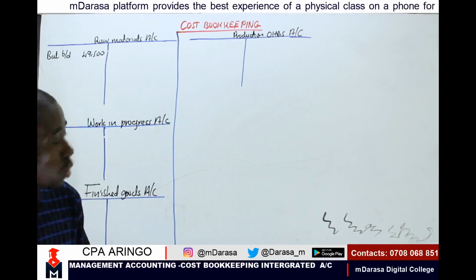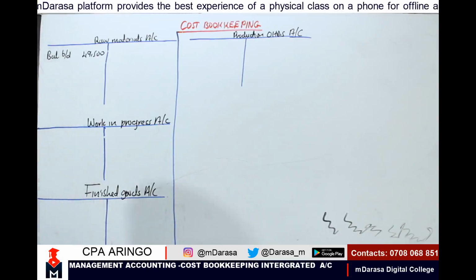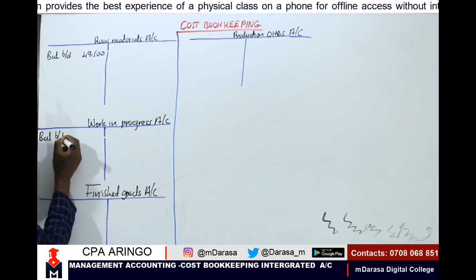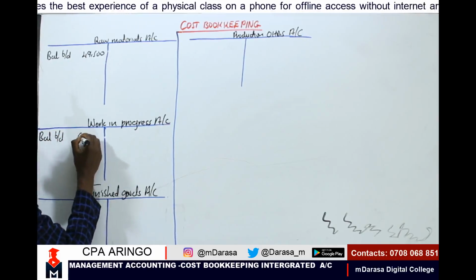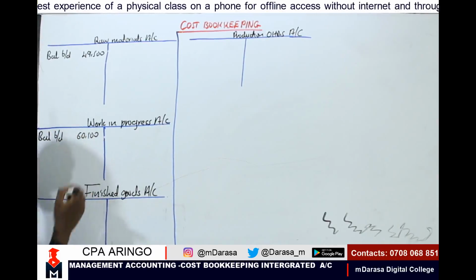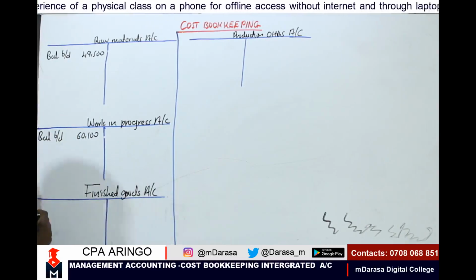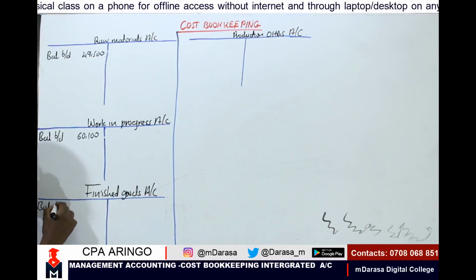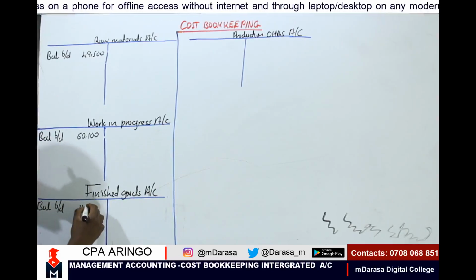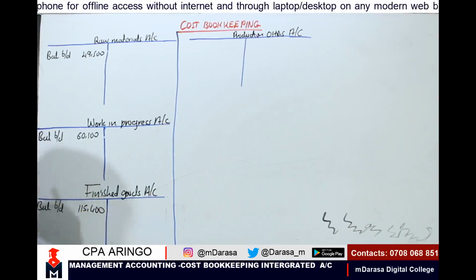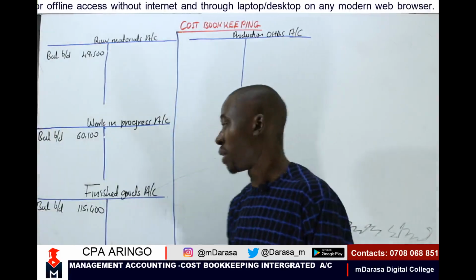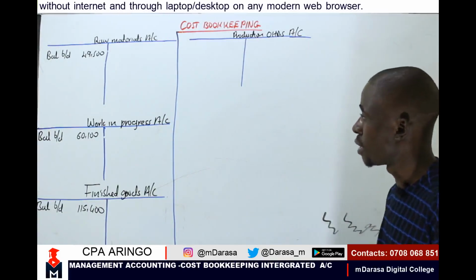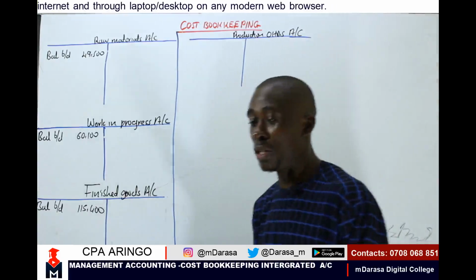For work in progress, balance brought down is 6,100. And for finished goods, balance brought down is 115,400. So we start from there with the opening balances that I was given: 49,500, 6,100, and 115,400.